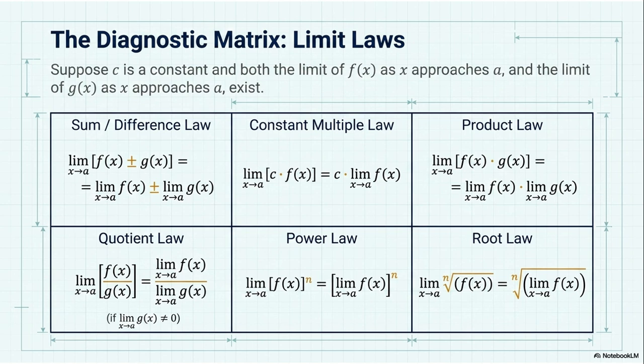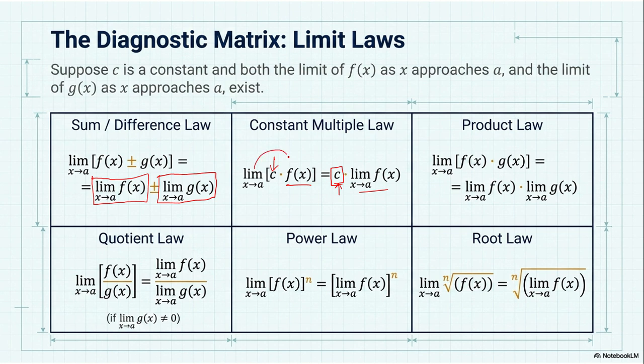And here are these laws. Limit x tends to 1, f of x plus or minus g of x. That means if we are given two functions as a sum or difference, we can rewrite this separately. And here is the constant multiple law. If we are given a constant multiplied with the function, then we can put the limit just before the function, multiplying the limit with the constant.